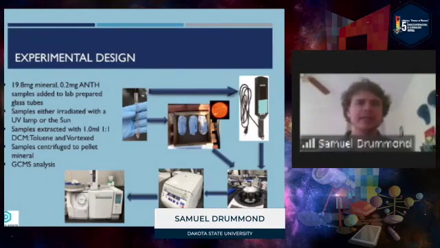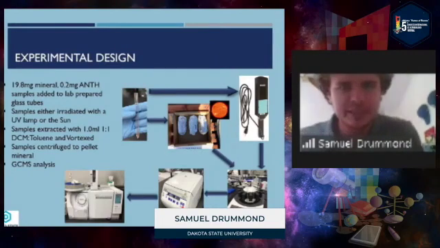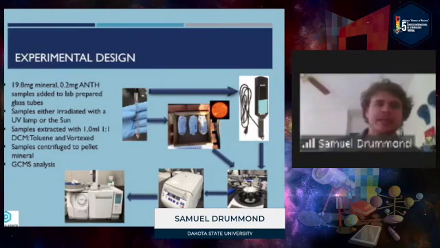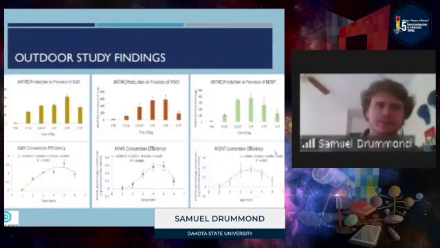From here, we added 1 mL of 1:1 DCM toluene and vortexed it to extract the produced 9,10-anthraquinone, before pelleting out the mineral in a centrifuge and using GCMS analysis to determine how much was produced.